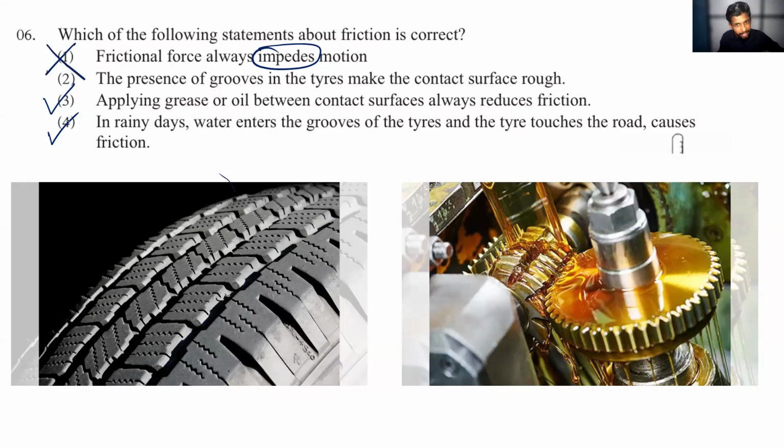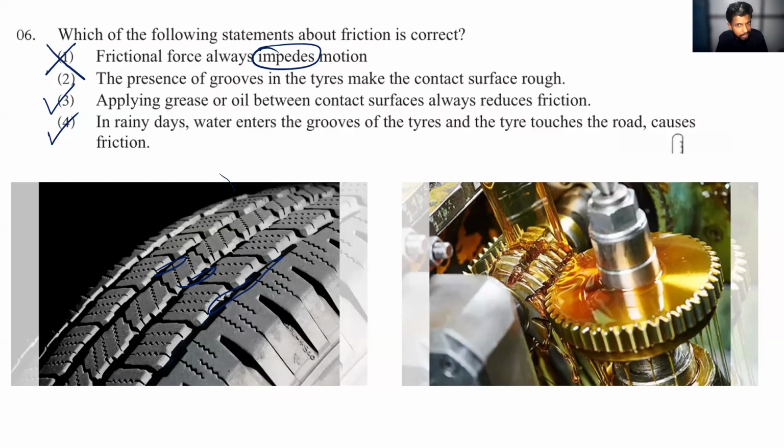And here, second one, presence of the grooves make the tire surface rough. Listen here, Pulan. In the tire, we have inserted some grooves. You can see big gaps are there, right? You want to understand the function of the groove very clearly. That is the explanation given in the fourth one.